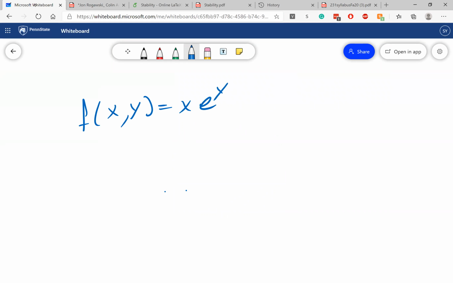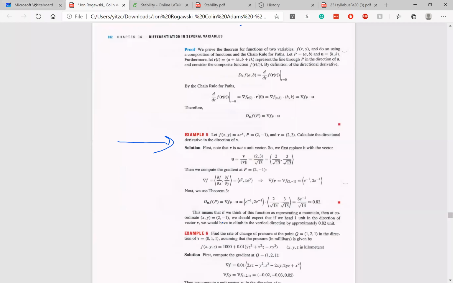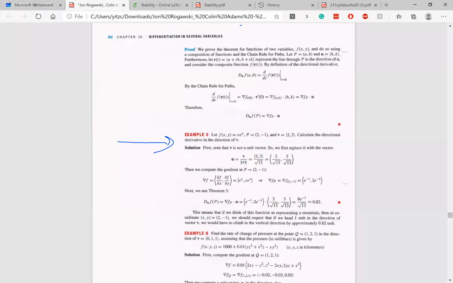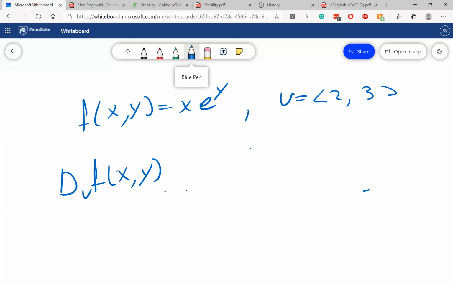And they want us to find the directional derivative of f of x, y in the direction of v, where v is equal to 2, 3, and p, the point where we're at, so we're going to move in this direction, is the point 2, negative 1.